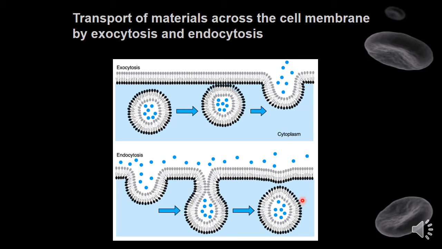The membrane of the vesicle will be broken, and the material will be liberated into the cytoplasm. So we can say that by endocytosis the materials are transported from outside to inside.